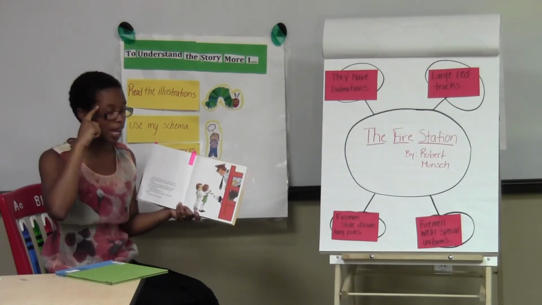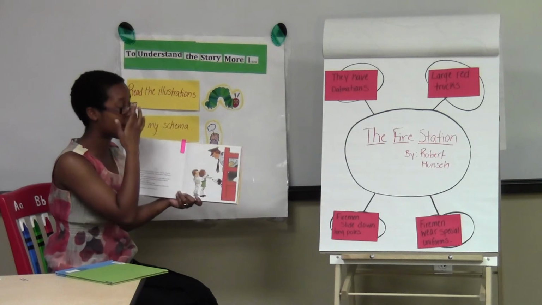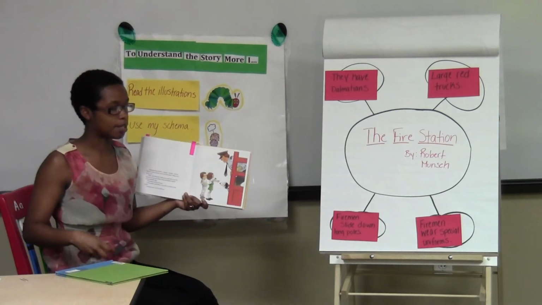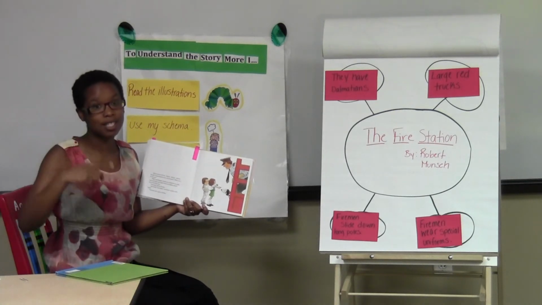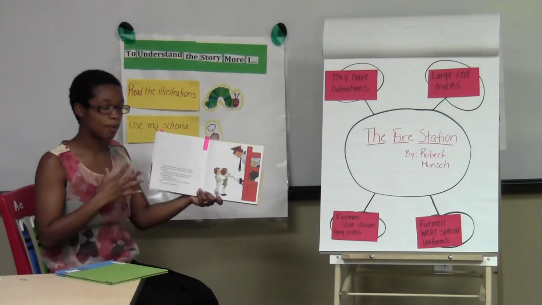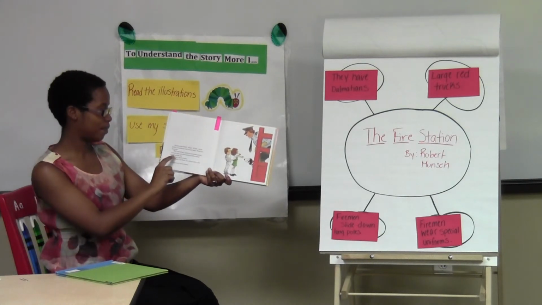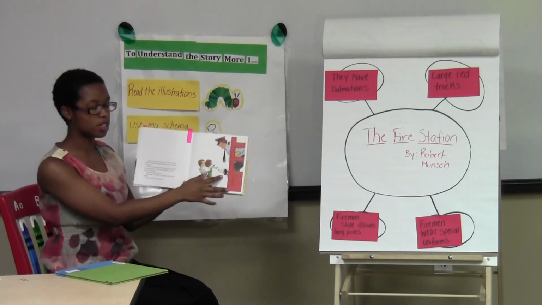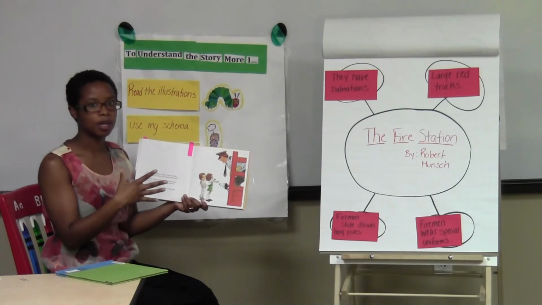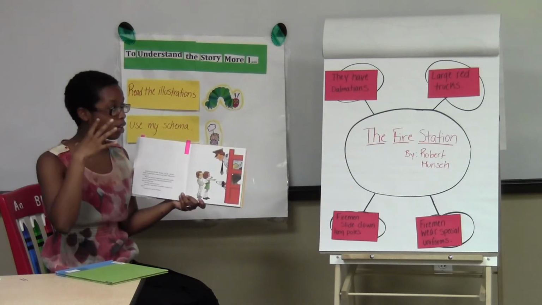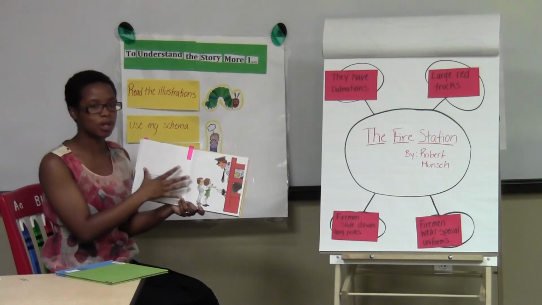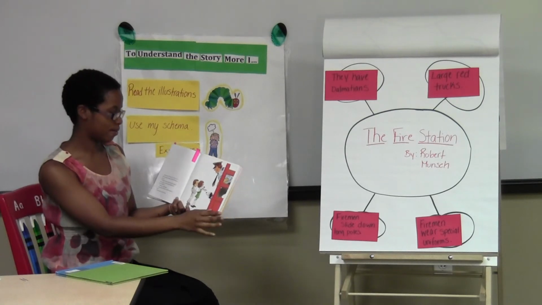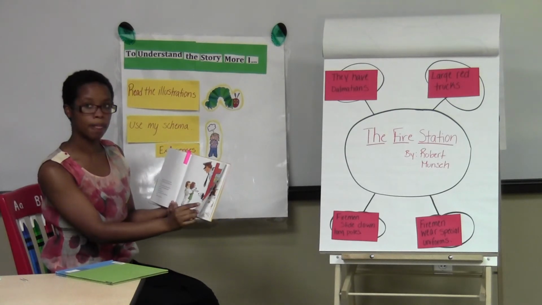I remember when the firemen came. Remember when I put that in my web diagram. I put that they had special uniforms. I remember the helmets and the big boots. And so when I read those words and I saw this picture, those things helped me. The background knowledge that I had already helped me understand the story better. So let's keep reading.